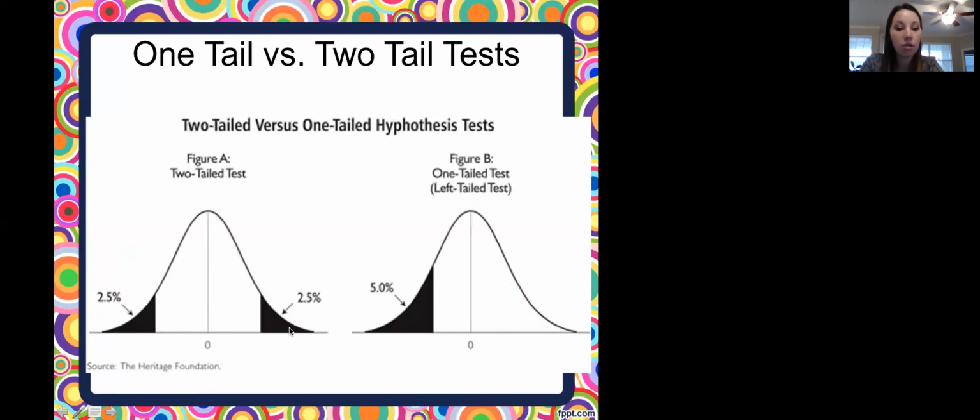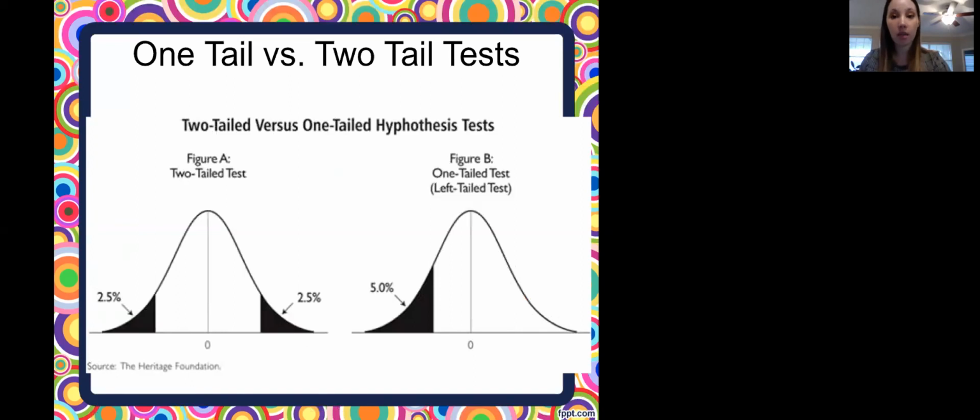For those critical thinkers out there, you can see that the rejection region for a one-tailed t-test with an alpha level of 0.05 is bigger than for a two-tailed t-test with an alpha level of 0.05. Because we've cut that 5% in half, our rejection region is smaller.